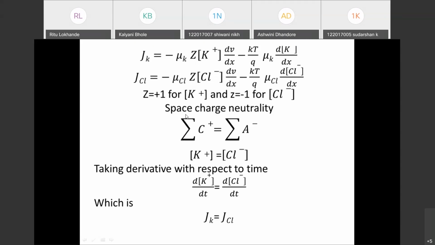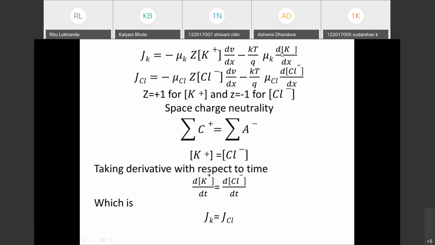But we know the concept of space charge neutrality, that is, the number of positive ions is equal to the number of negative ions. So the number of K plus is equal to the number of Cl minus. If we take the derivative with respect to time for both, it becomes dK plus upon dt is equal to dCl minus upon dt.